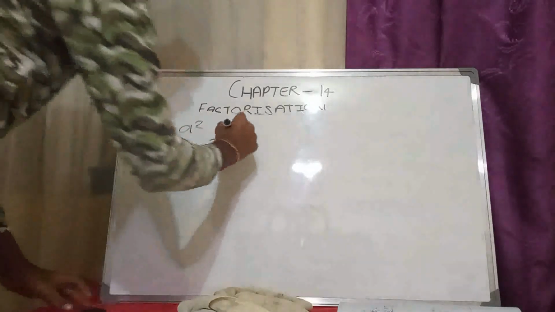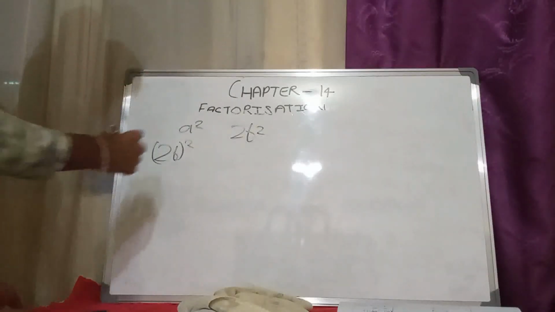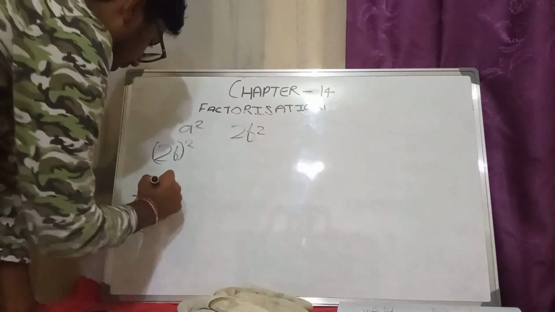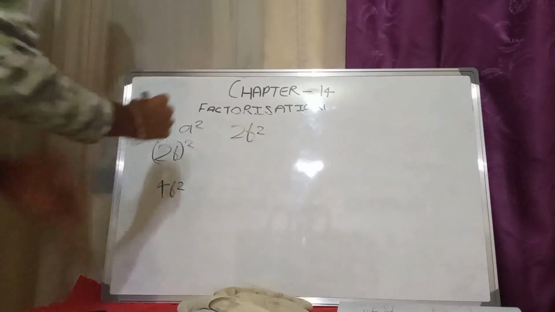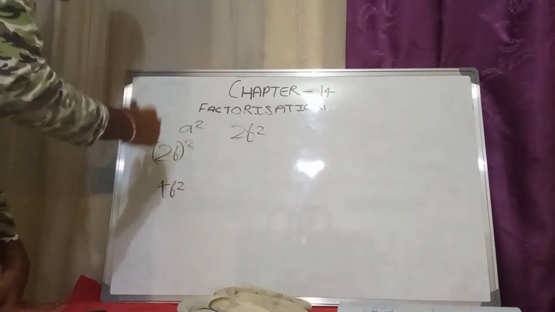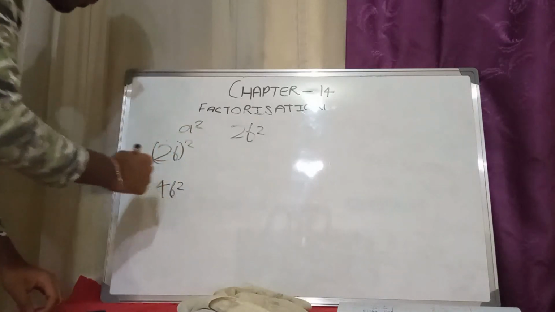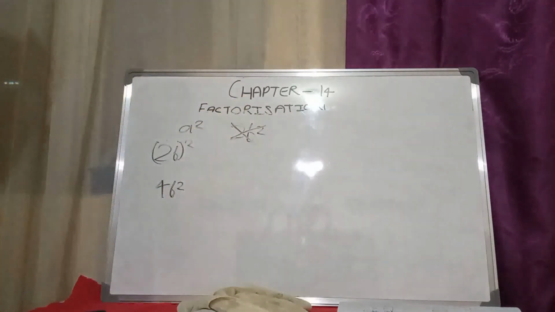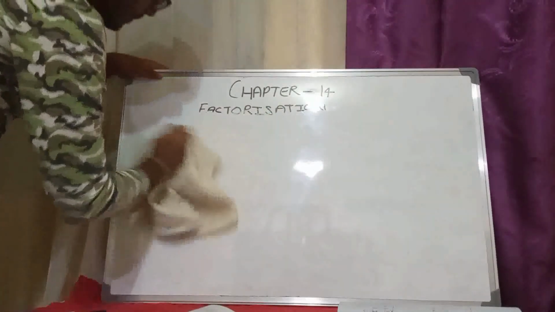It doesn't mean that it should be 2b square. It should be 2b the whole square. 2 has to be squared and b has to be squared. So it should be 4b square. That means squaring means every factor of the term has to be squared. So it will be 4b square and not 2b square. That's what is told as the fourth error that's done.